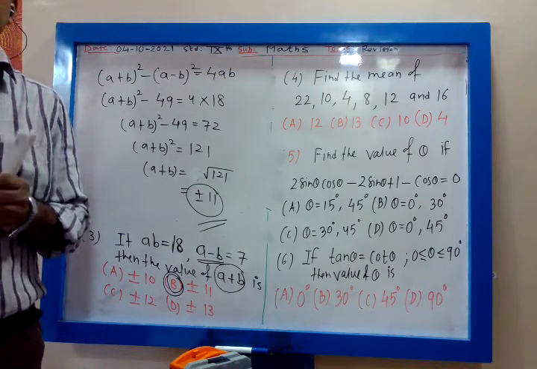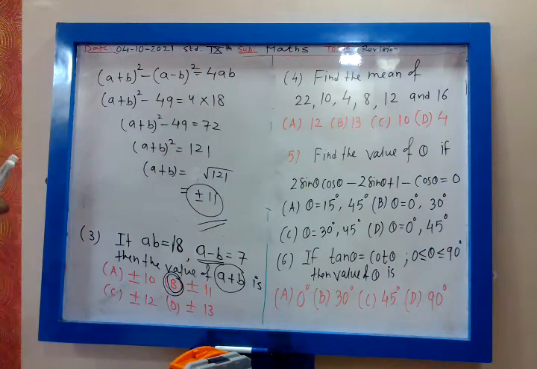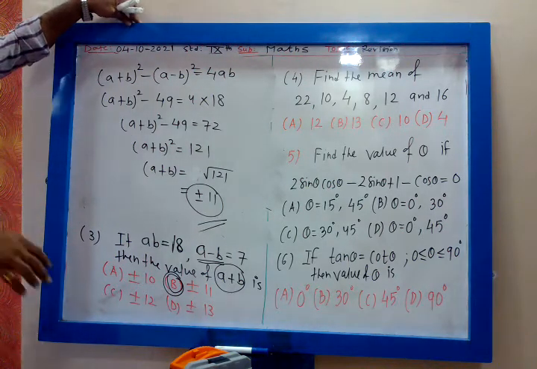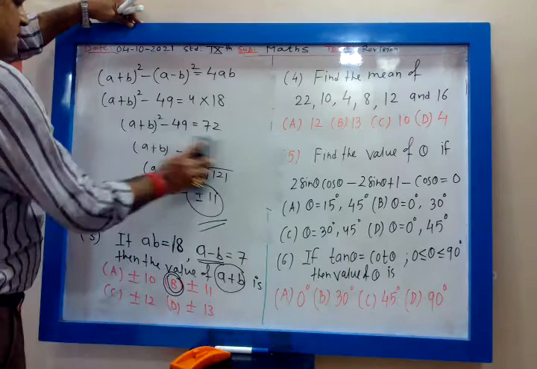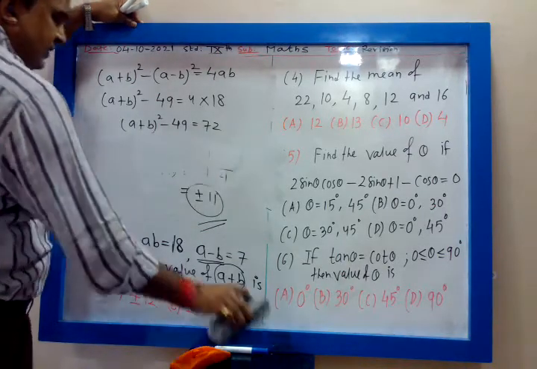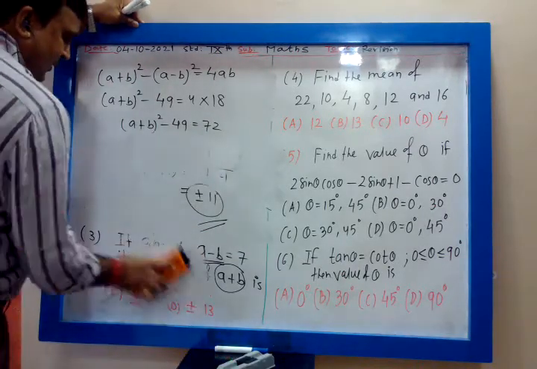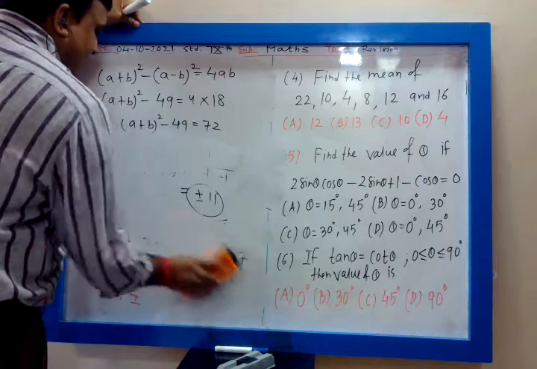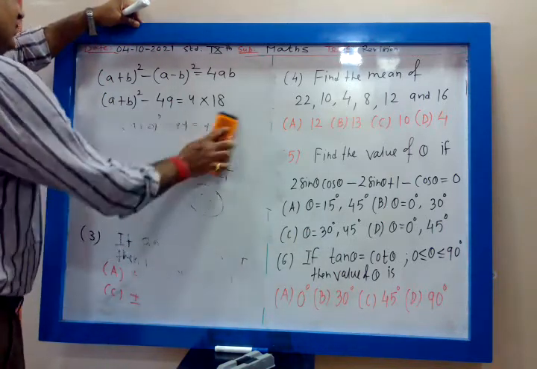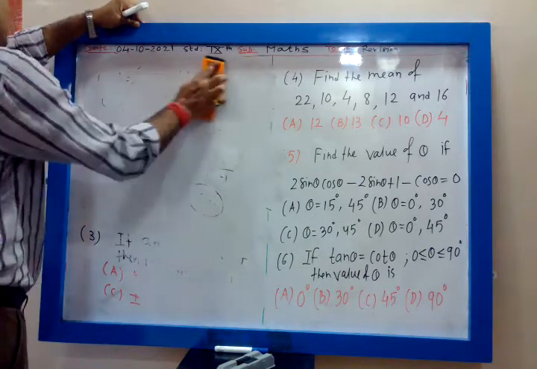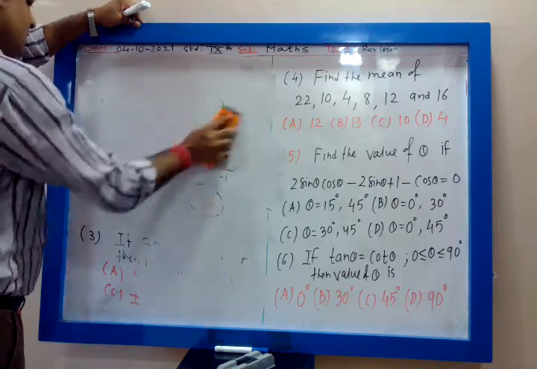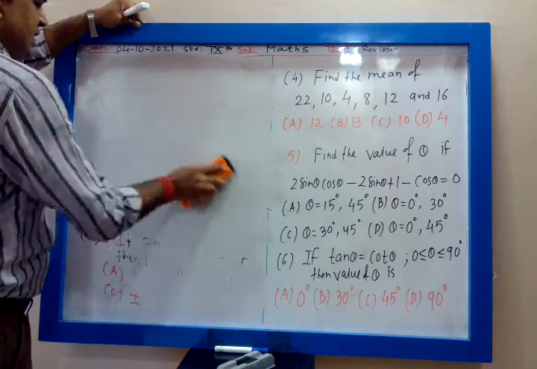Yes, is it clear everybody? Those who are not giving the answer, still it is not clear. If it is not clear, then let me give you assignment. Some 50 questions you have to solve. So participate in the revision period.